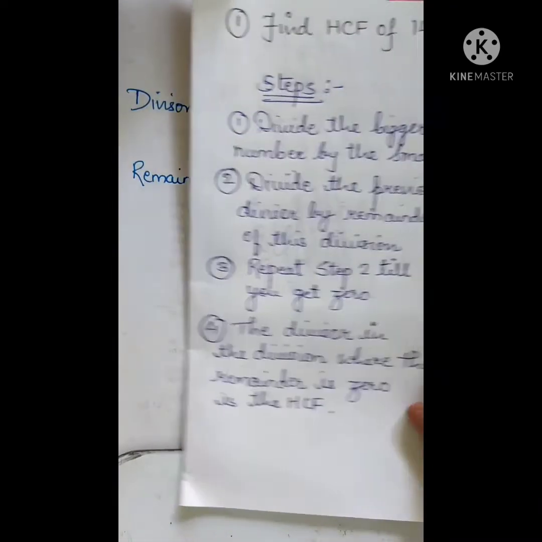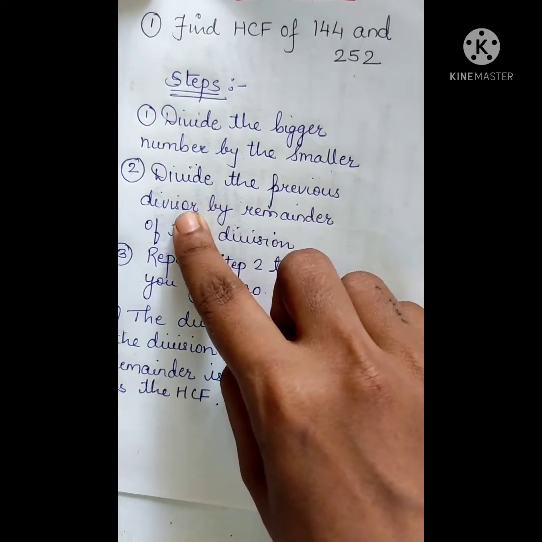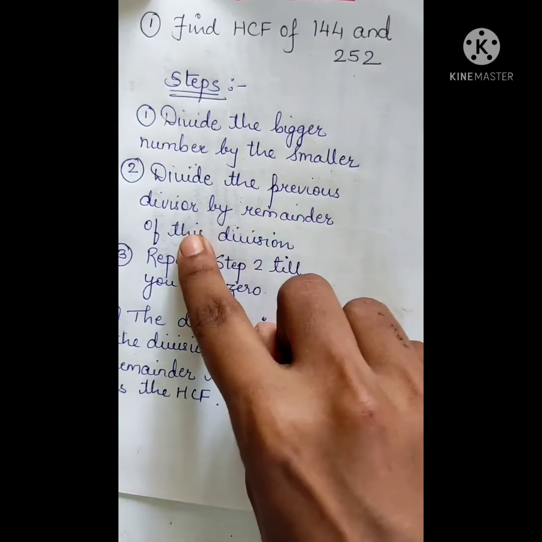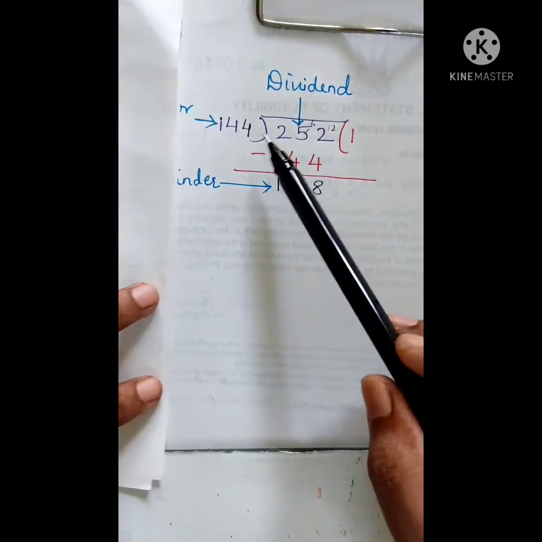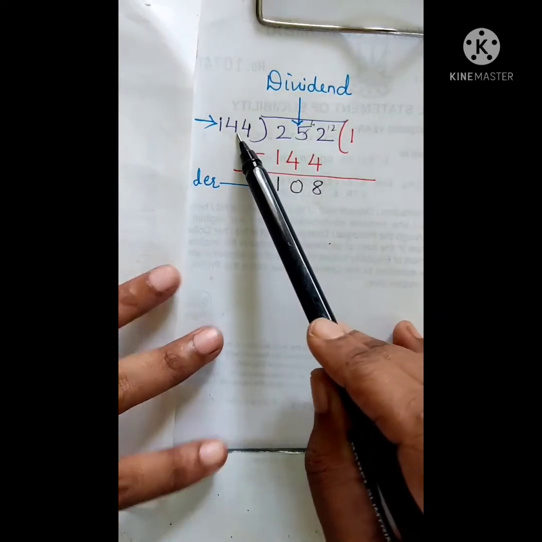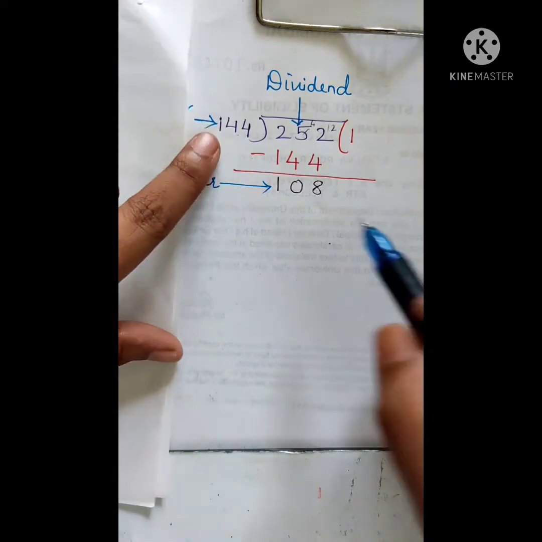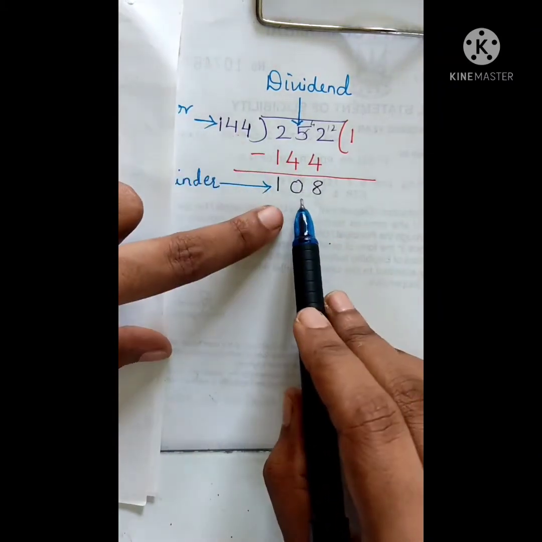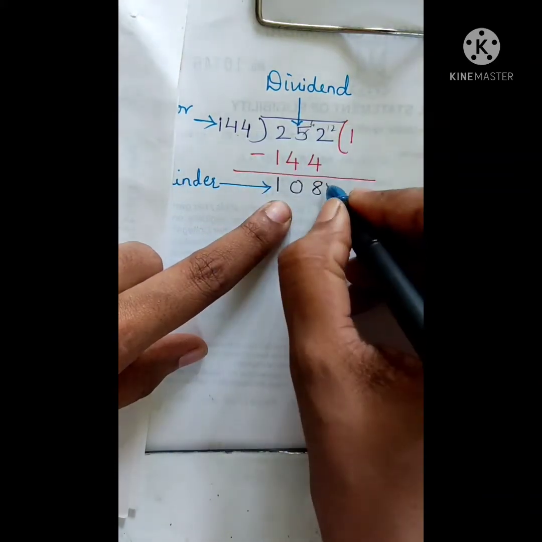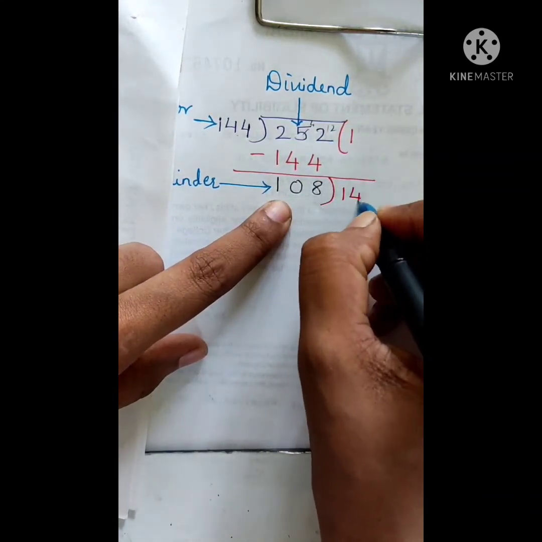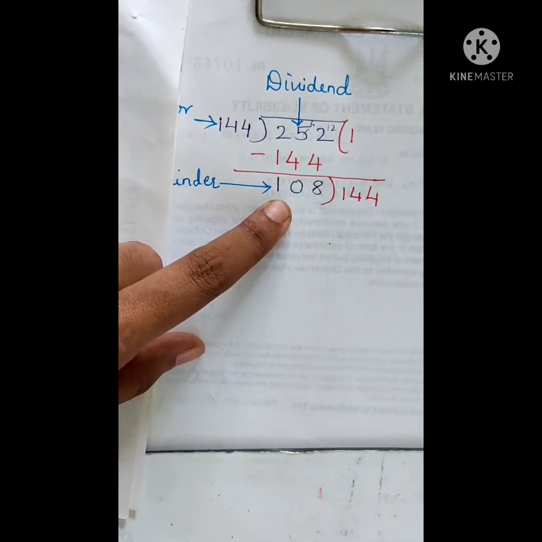Now see the second step. The second step is divide the previous divisor by the remainder of this division. So what is the divisor of the previous division? The divisor is 144 and this is the remainder 108. So this remainder now will become your divisor and the previous divisor will become your dividend. Now again we have to do the division.